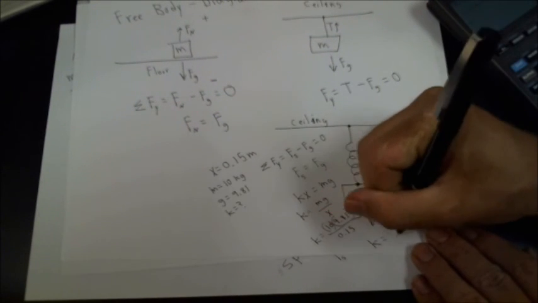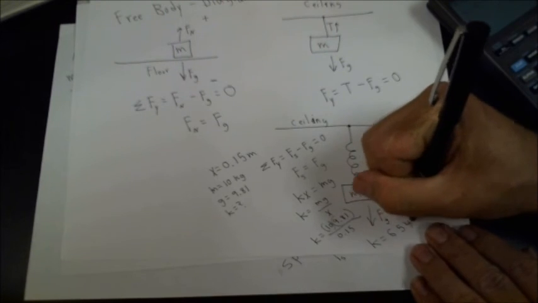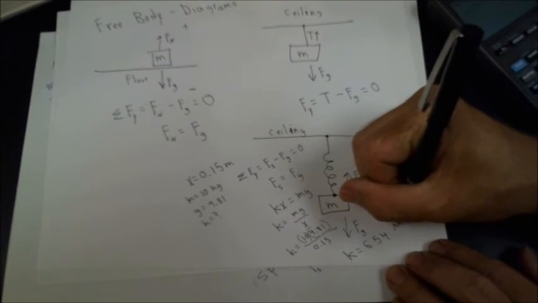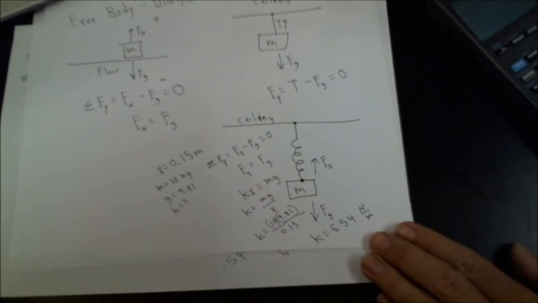And when we plug this into our handy dandy calculator that we never leave home without, we get 654. So the k value of the spring is 654, and the units are newtons per meter.